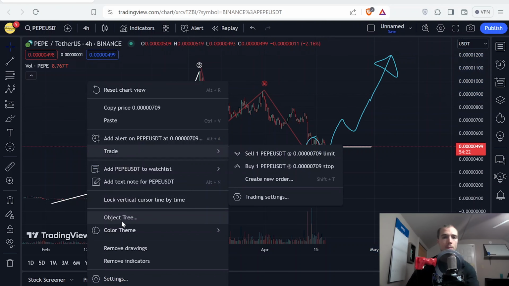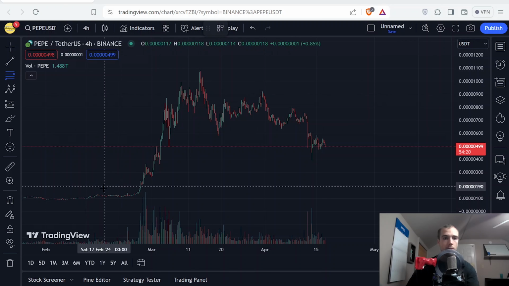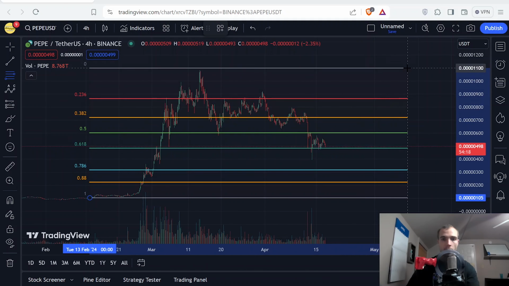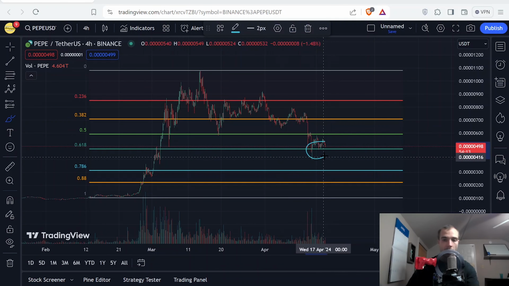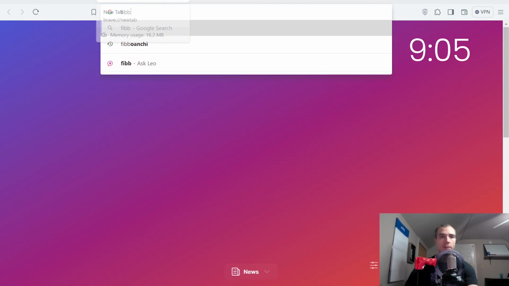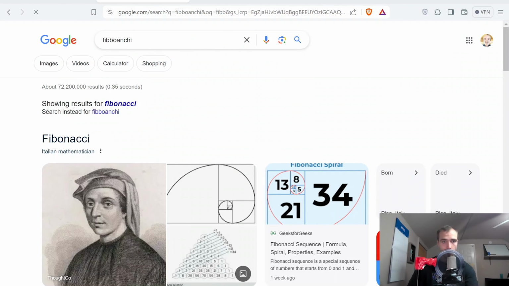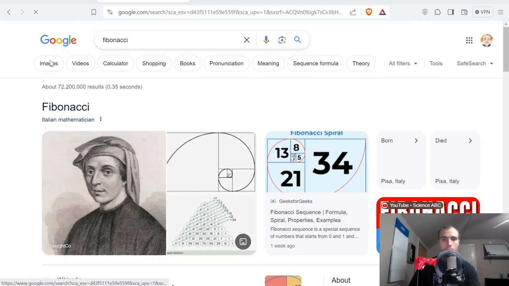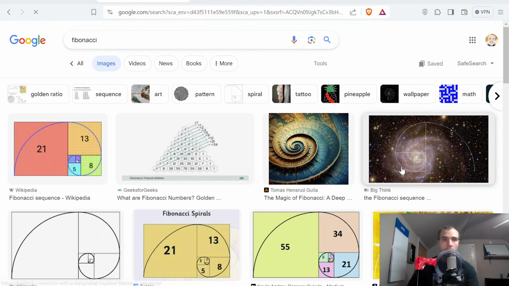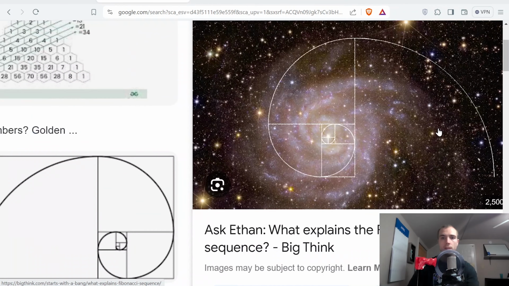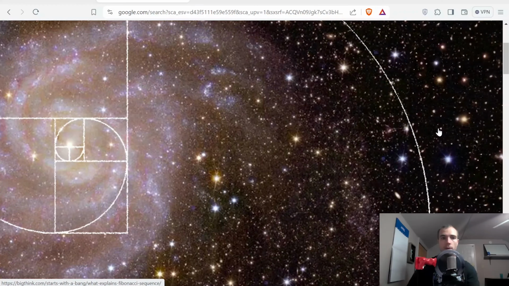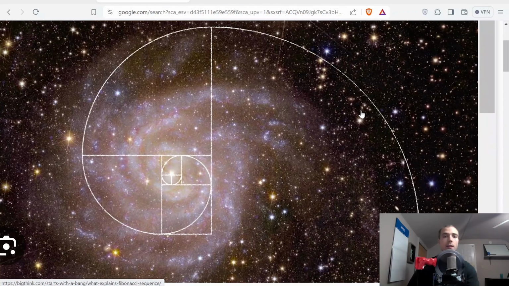Also, you guys, if we use the Fibonacci tool and we measure from the low up to the peak here, you can see that we are on that .618 level. If you don't know about Fibonacci, probably one of the coolest parts of trading is all of the geometry and all the math that you see in the charts. And Fibonacci is one of those mathematical patterns that are constant throughout nature.